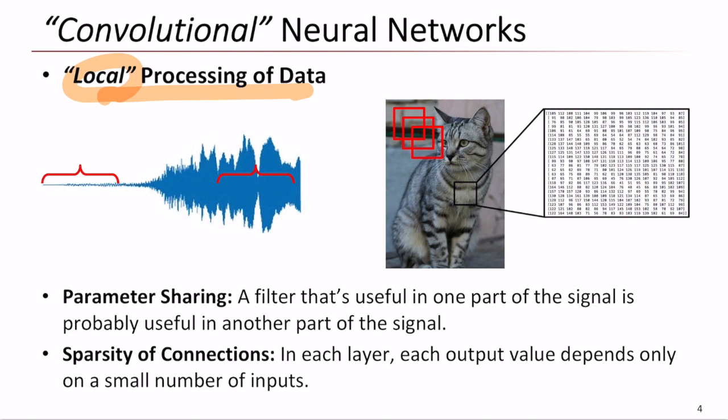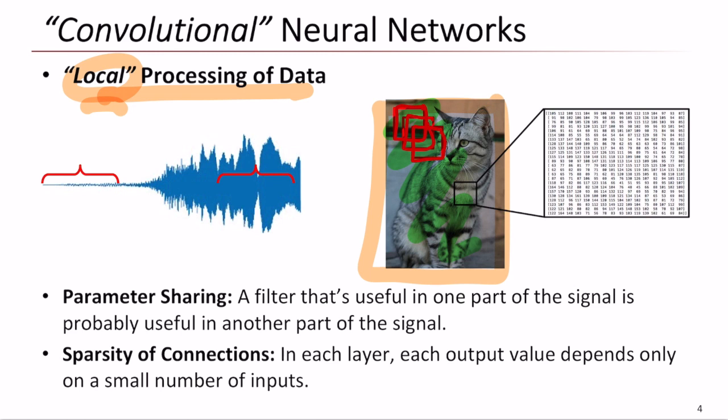Local processing of data. Because the MLP, I mean the pure neural network, just handles the image or the input as a whole. So that is the global processing of the data. But if we can locally process the data, let's say like this: suppose that you have images, but rather than considering this input image as a whole, by considering each local window independently, we can drastically reduce the number of parameters.